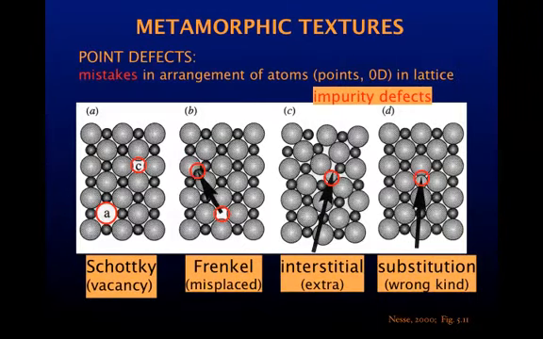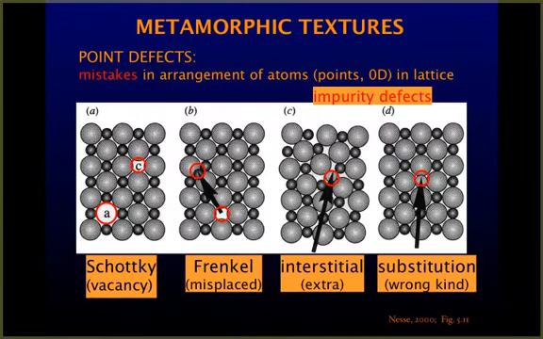And how this takes place is in part from defects within the crystals themselves. And there are several different kinds of defects that we might have in minerals to start with. And those could be vacancies, so empty places within the crystal lattice that should have an ion, but don't, or places where there's a misplaced ion. It gets put in, it's crystallized in the wrong place in the crystal lattice.